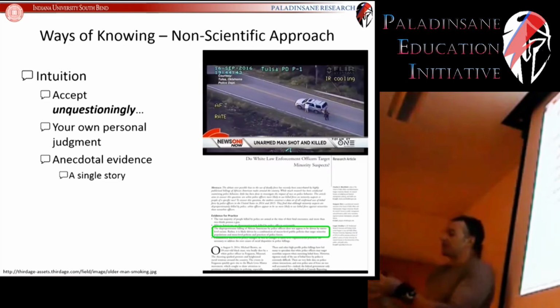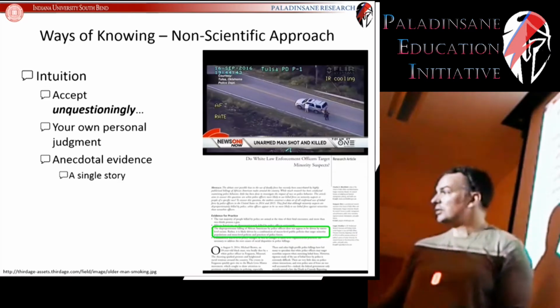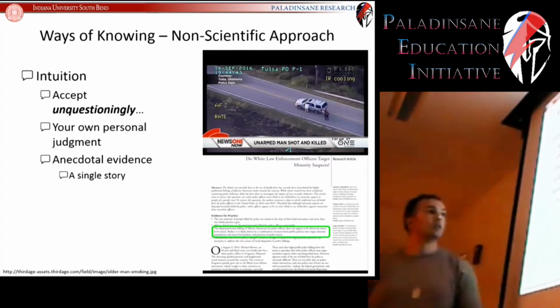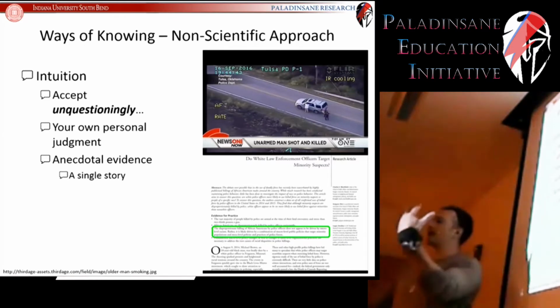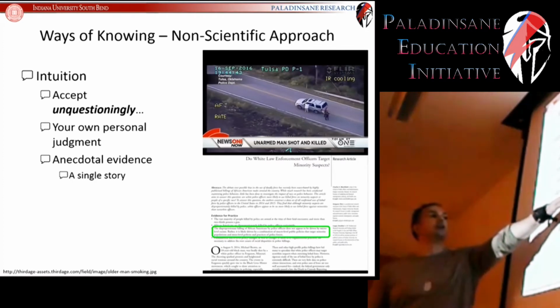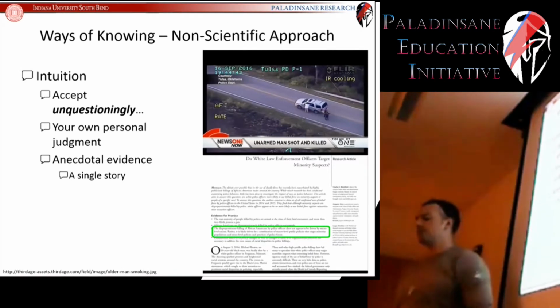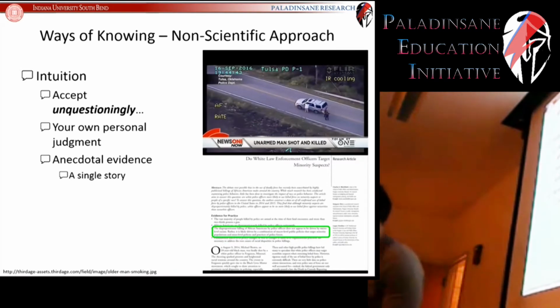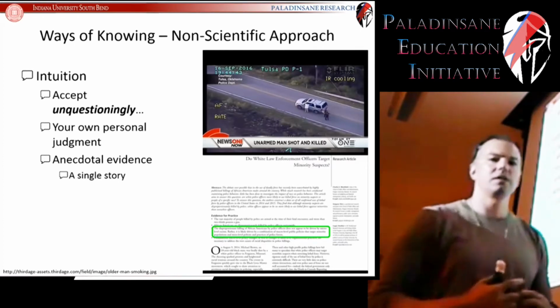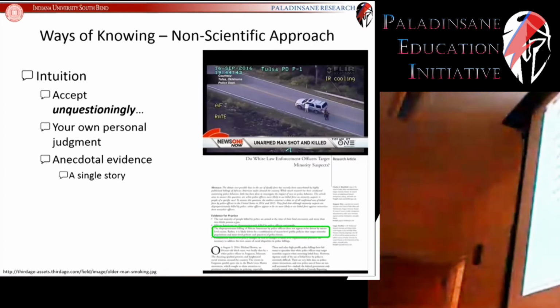They're programmed from years of evolution that if you walk into a forest and you see one wolf, there's probably other wolves around. So a single story has a lot of power, but we have to remember that that's intuition. That's just that one single story, and that's a non-scientific approach, and we can't let it drive our pursuit of the truth. We have to use scientific means, and in this case, they looked at aggregate data to get to a more truthful picture.